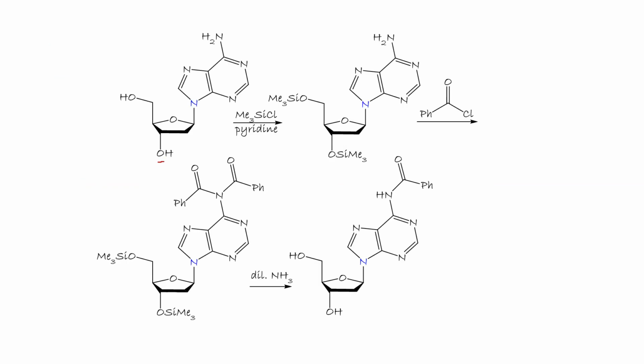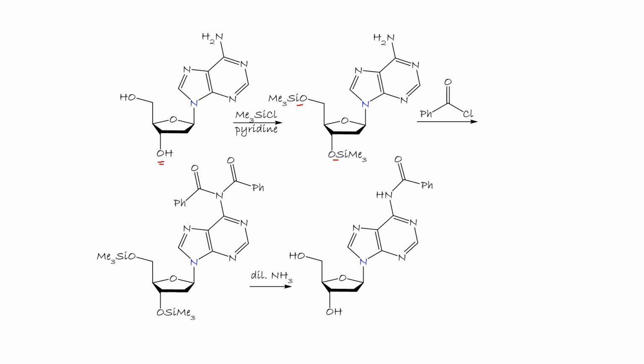We can protect the deoxyadenosine by transient protection of the alcohol function followed by benzoylation of the amino group. So adenosine with trimethylsilyl chloride and pyridine, we protect the OH, transferring it to an O-silyl ether.